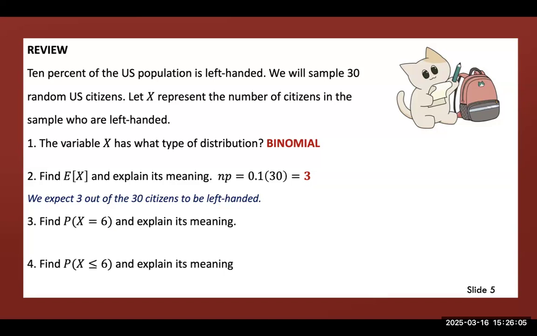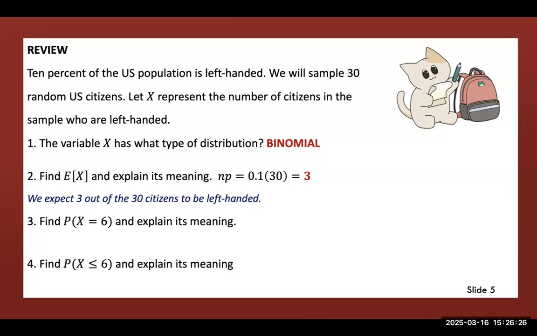Let's find two probabilities. The probability X is 6, and the probability X is less than or equal to 6. Probability X is 6 means exactly 6 out of 30 people are left-handed. What is the chance of that happening? For the binomial distribution, we have a very specific formula.